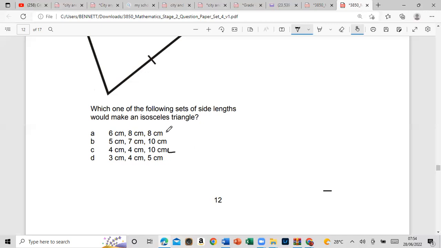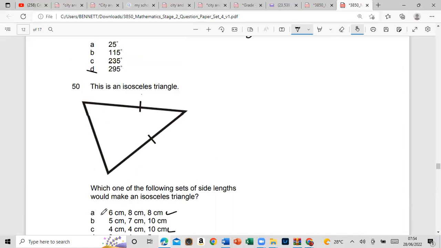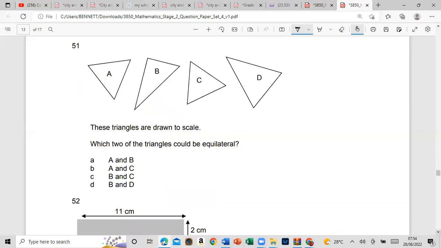This could be an isosceles and this could be an isosceles. So we're supposed to choose one answer. Anyway, guys, those are the two sets. So I don't know what I'm going to do.